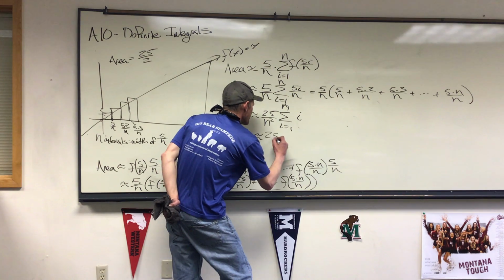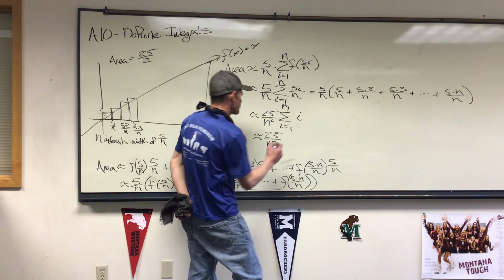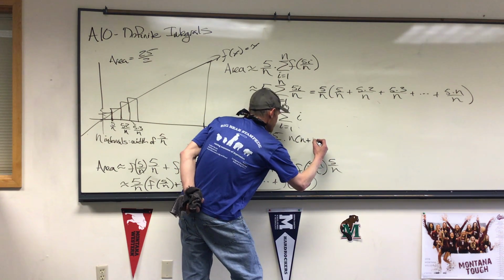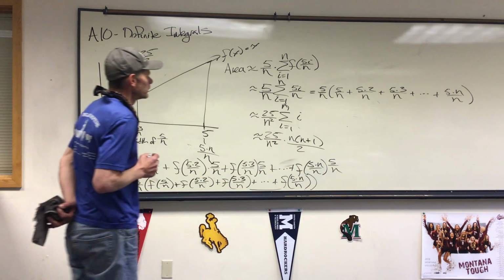It is 25 over n squared times n times n plus 1 over 2.